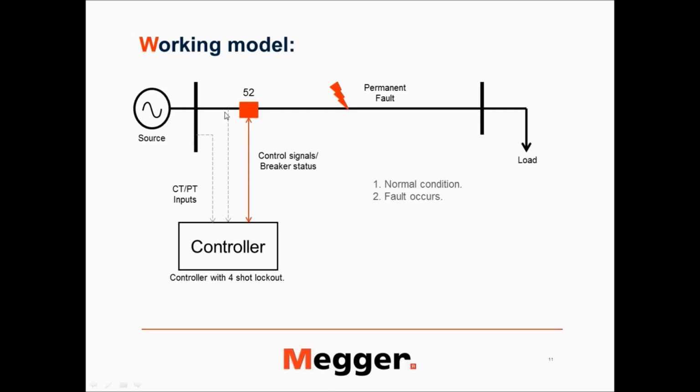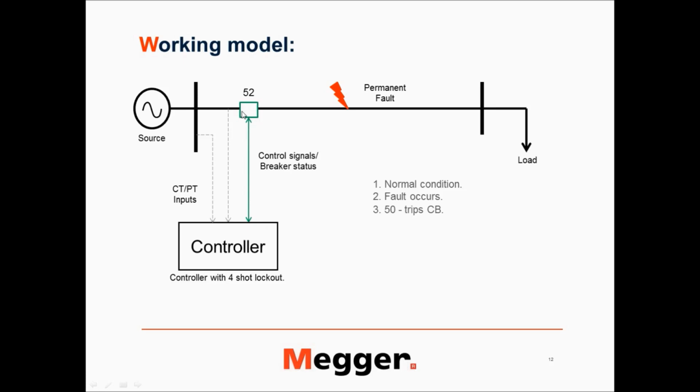This controller sees a high amount of current, and let's say it has another function, the instantaneous function, where if the current is high, it trips the circuit breaker as soon as possible. So the controller sends a trip signal through the cable, and this opens that circuit breaker.